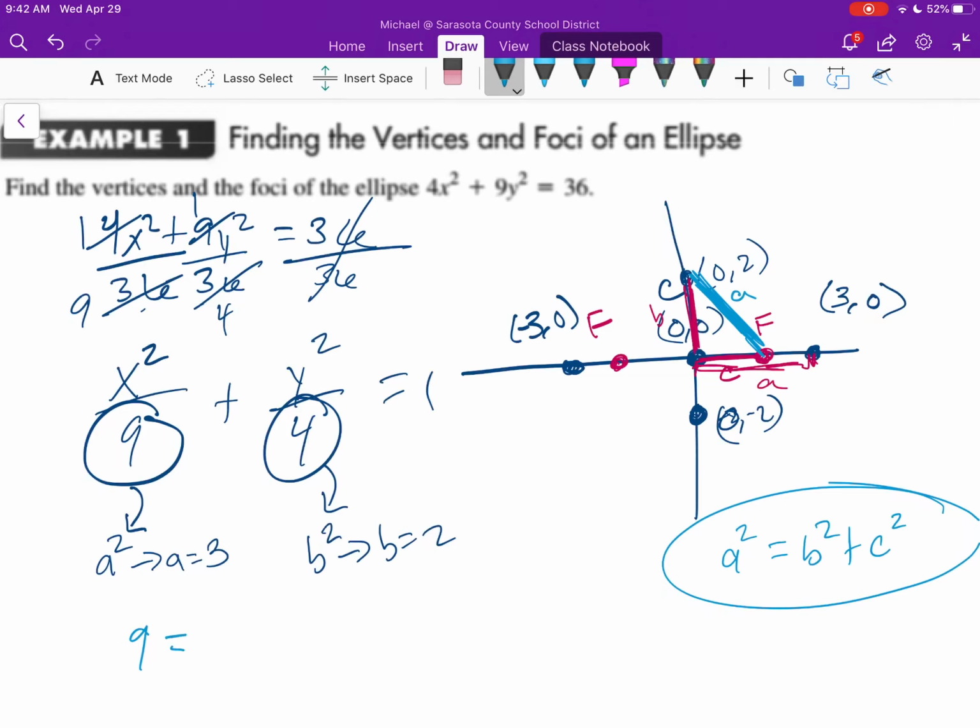I can see here that a squared is 9. It will equal 4 plus c squared. So c squared will equal 9 minus 4, which is 5. If I square root both sides, I get c is equal to plus or minus the square root of 5.